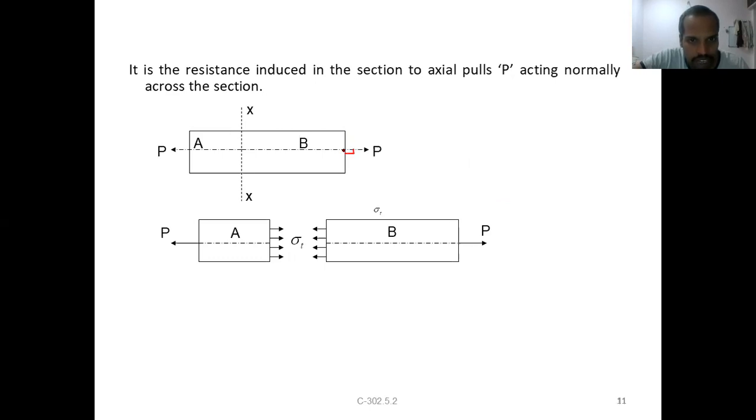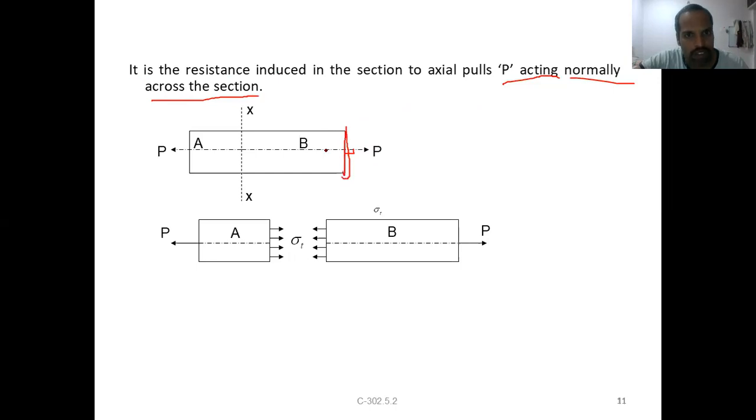If you see this angle, it is normal to the section. Acting normally across the section means the force is acting perpendicular to the member. That is nothing but normal force. It is a resistance induced because of this normal force P, so at this point some resistance will be induced across the section.